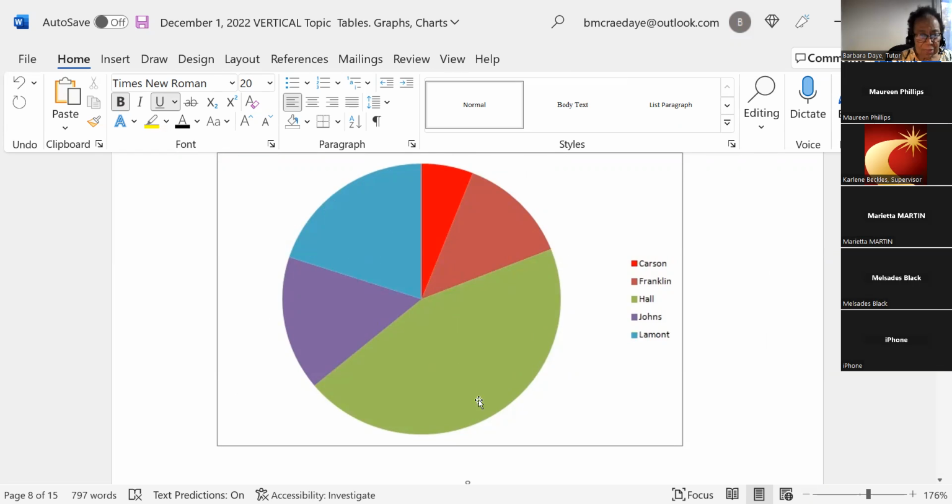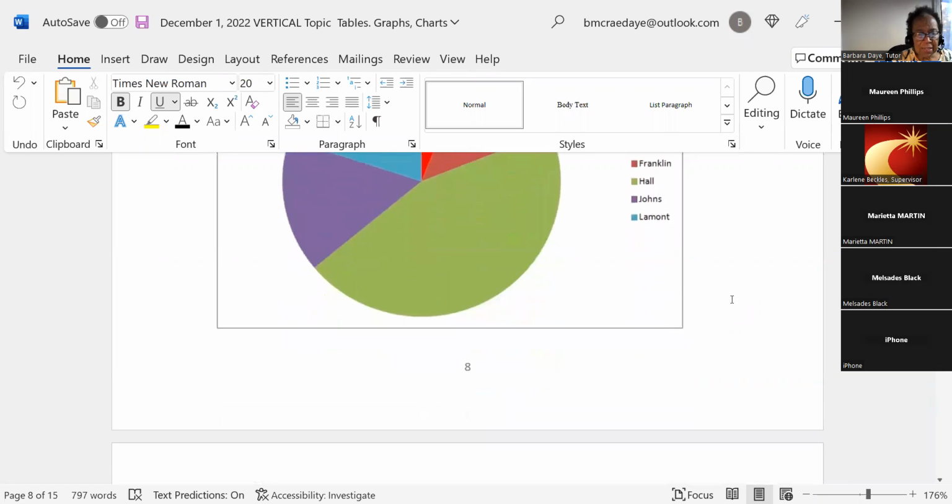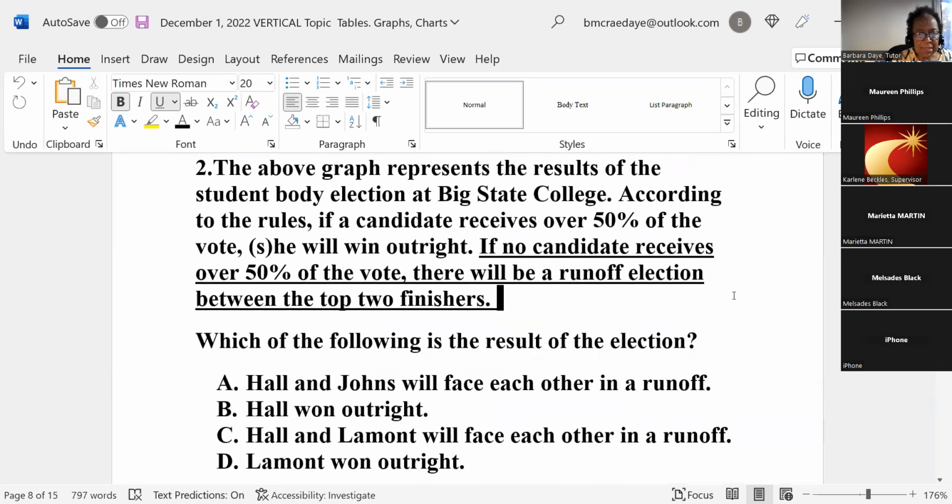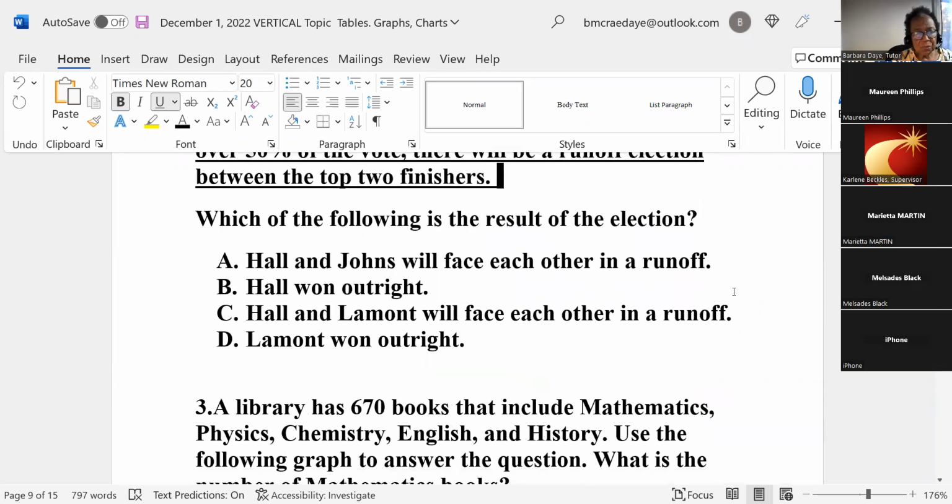You're exactly right. Those are the two biggest pieces. So it says the two highest would be involved in the runoff, right? So what would be your answer? C. That's right. That's what you said, right, Maureen? Yeah.